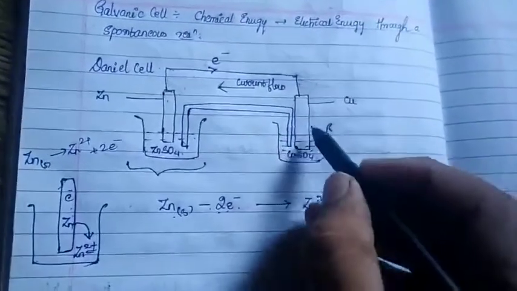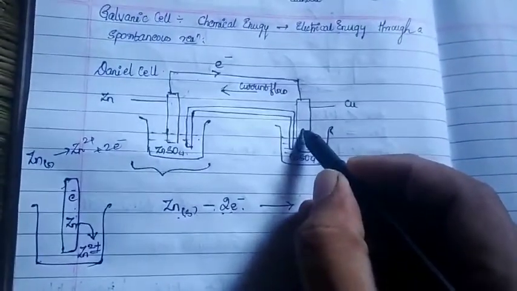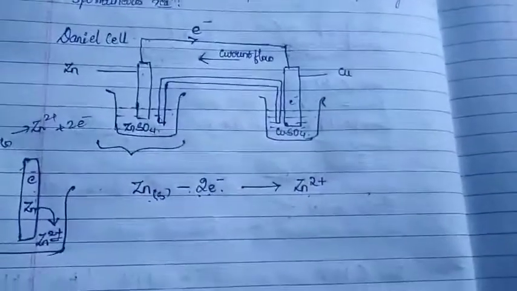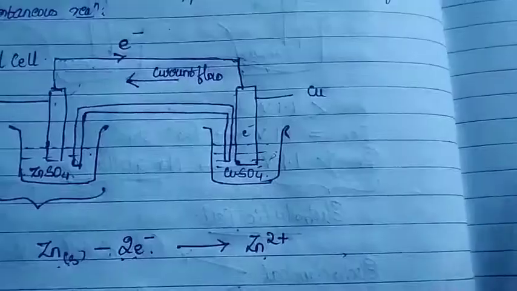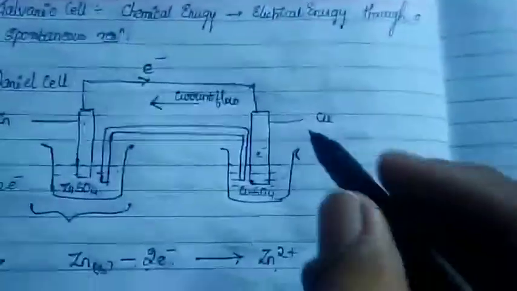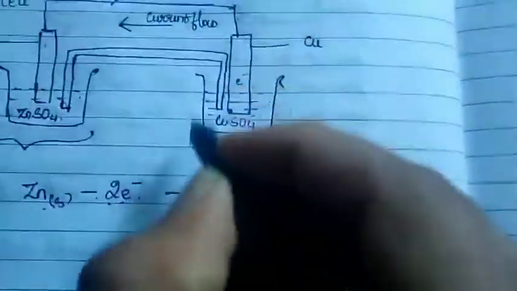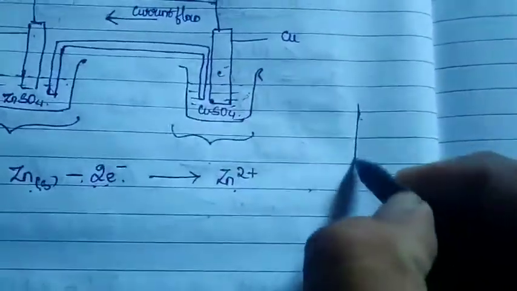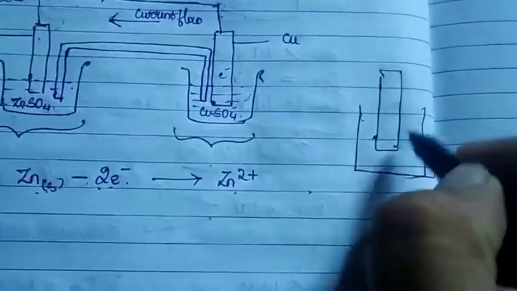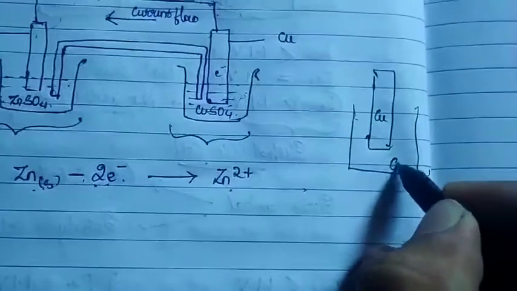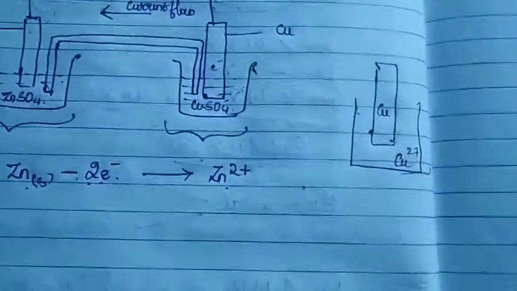Here, the electrons will be accommodated. Now take this solution separately: it is my copper sulfate solution, in which the copper electrode is dipped. In this solution you have Cu2+.